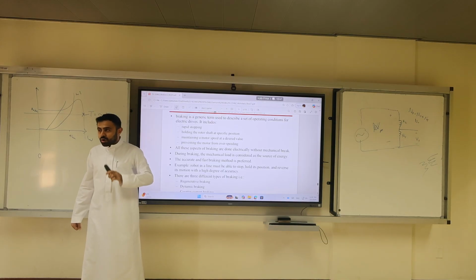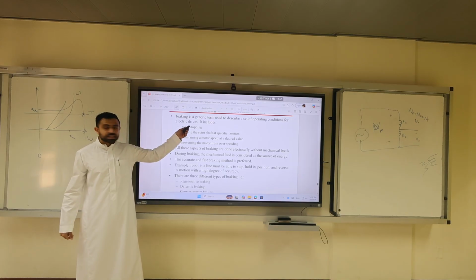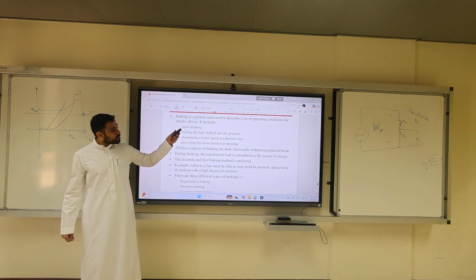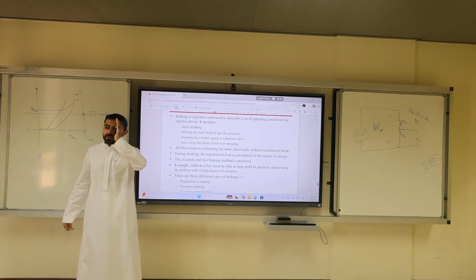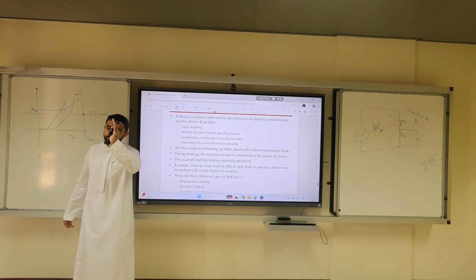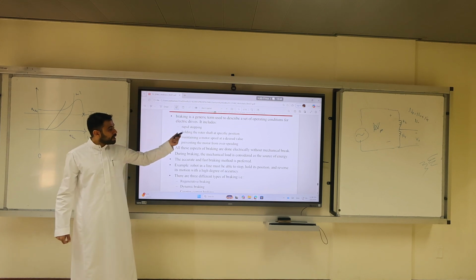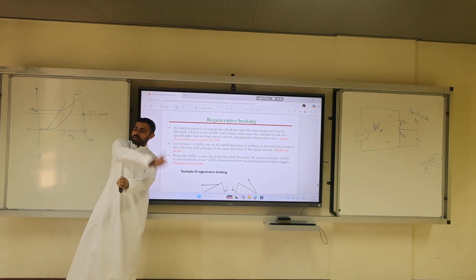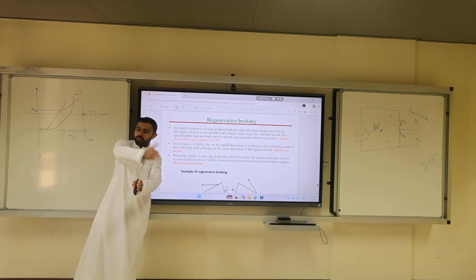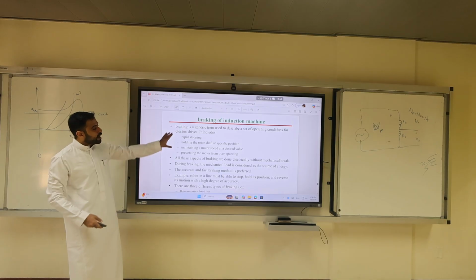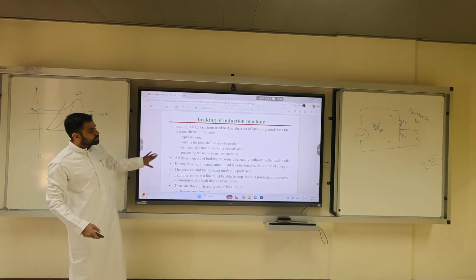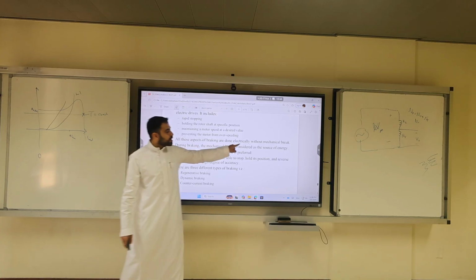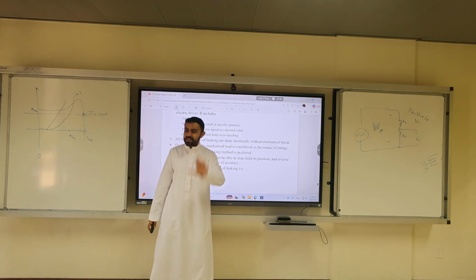So we now know braking is not only reducing speed or rapid stop. It includes rapid stop. It includes holding the rotor at a fixed position without any movement, zero speed. It includes maintaining motor speed at a desired value, or preventing it from overspeeding. All of these are braking. All these aspects of braking are done electrically without any mechanical, physical brake.